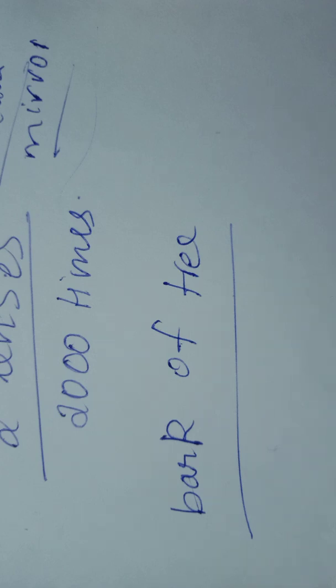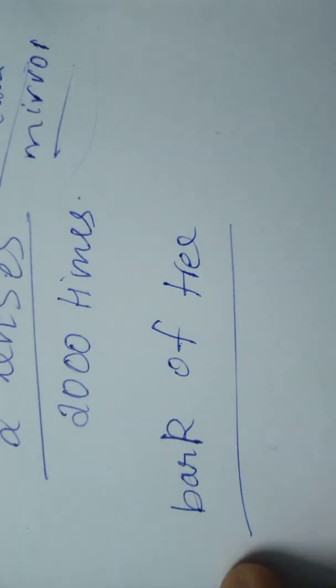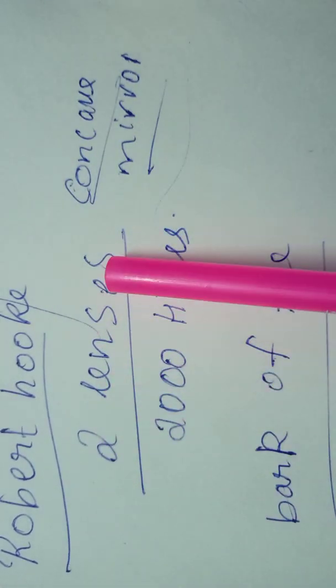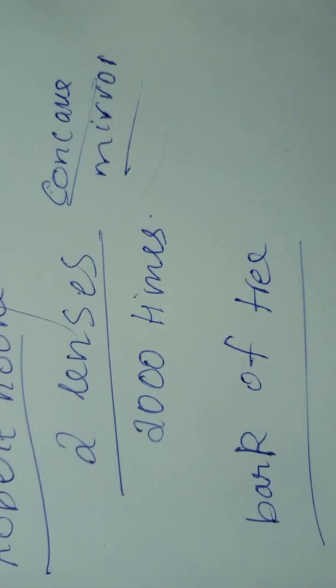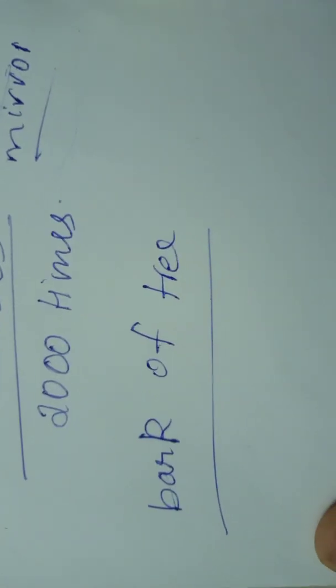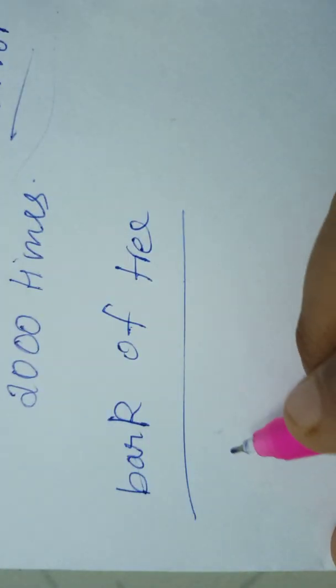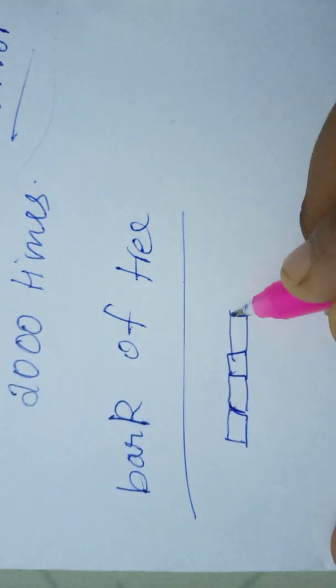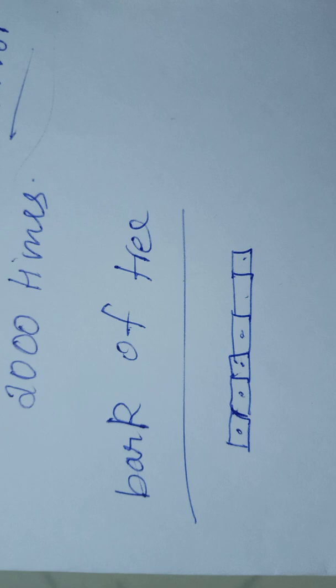Now I don't have time to ask it. Okay, that one was dead. He observed that bark with the microscope he had constructed. He saw that there are compartment-like structures. Now he saw this, and a word struck his mind, that is cell.